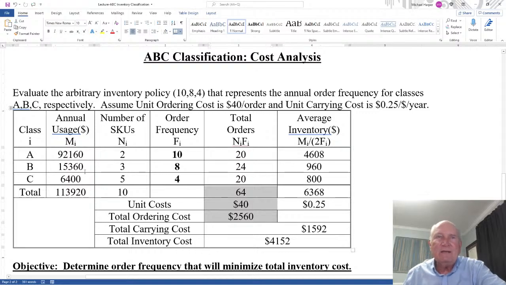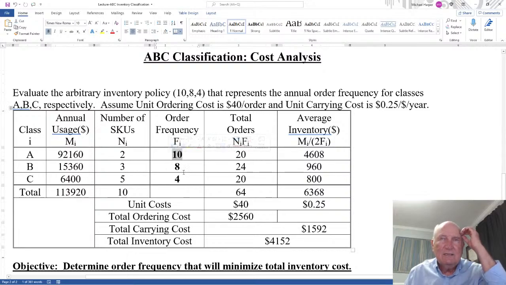Now, what about my average inventory? I have my dollars over here, and each one of my SKUs will be ordered 10 times. So if I take my annual usage in dollars and divide by 10, that's essentially how much each order is going to be. If I divide that by 2, I get my average inventory.